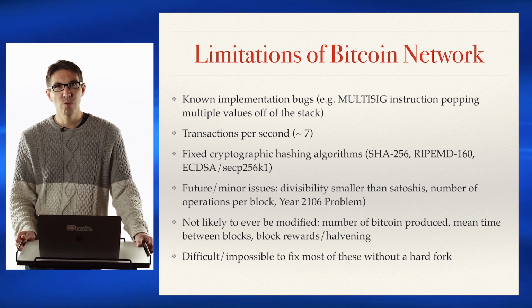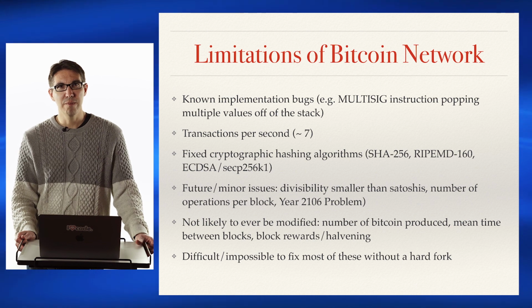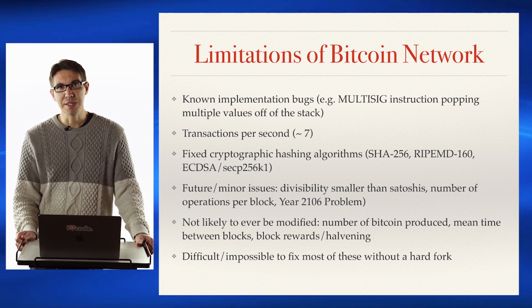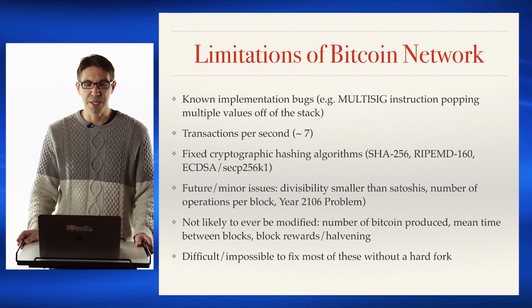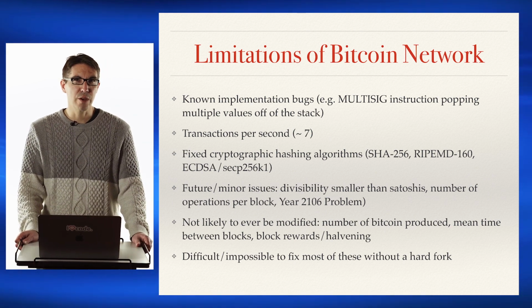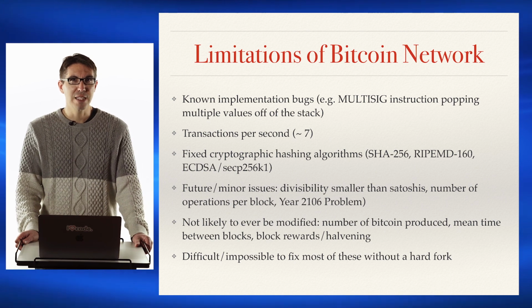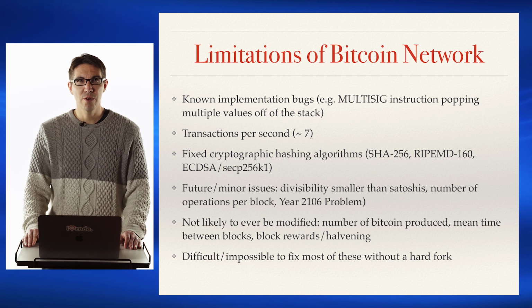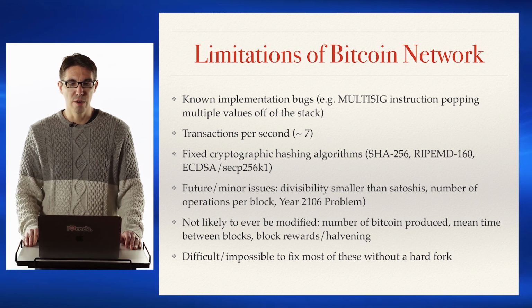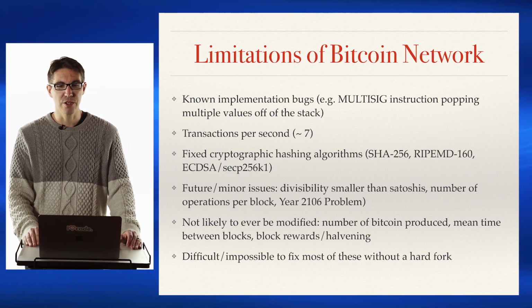We also know that there are a few other minor issues. For instance, 1 Bitcoin can be divided by 100 million. It's the equivalent of cents in Bitcoin, except instead of dividing by 100, you divide by 100 million. The smallest unit of Bitcoin is called the Satoshi. As of right now, there's no way, on the main Bitcoin network, to have a lower divisibility or smaller units than Satoshis.